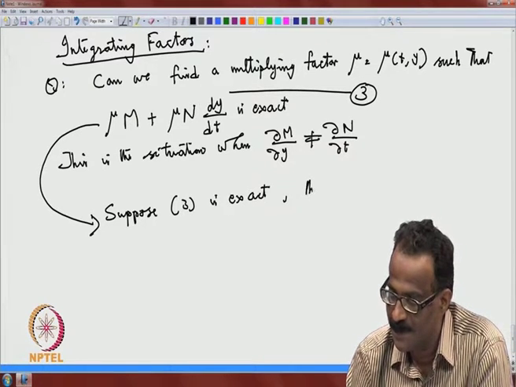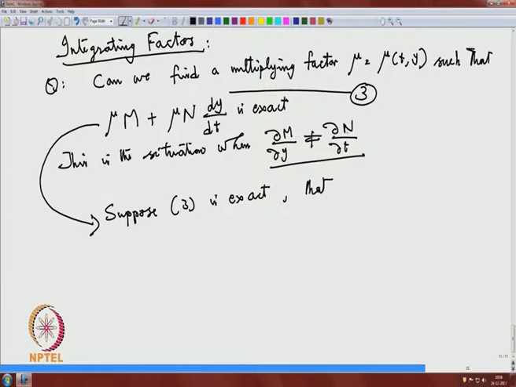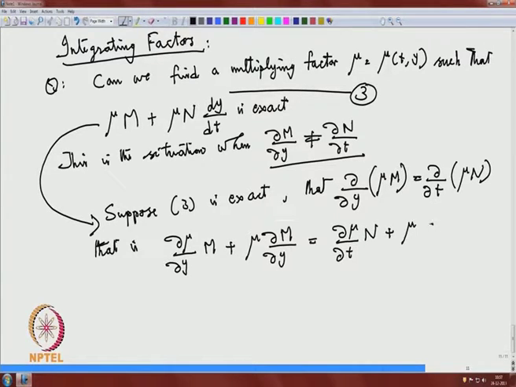You have to satisfy this condition when m is replaced by mu m and n is replaced by mu n, that is d by dy of mu m is equal to d by dt of mu n, that is d mu by dy m plus mu dm by dy is equal to d mu by dt n plus mu dn by dt.